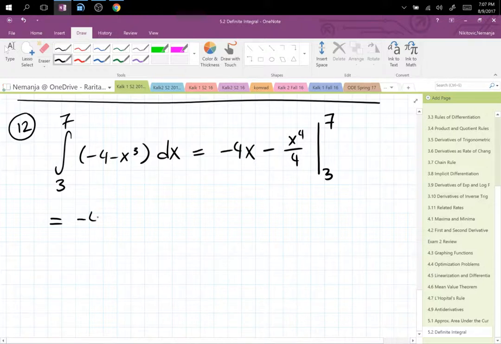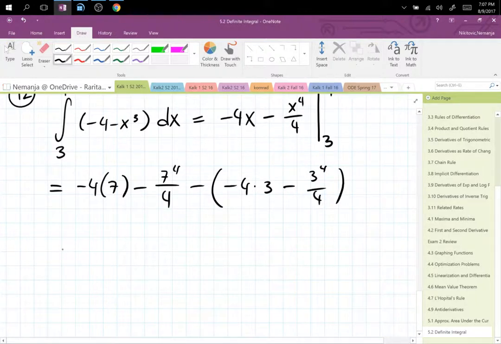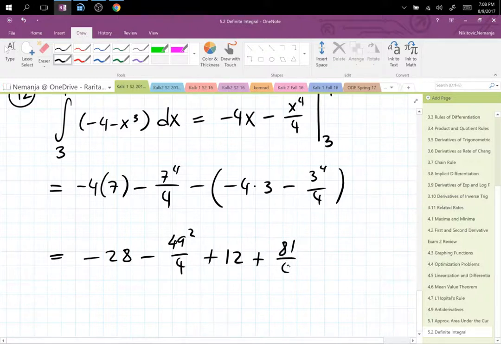So we have negative 4 times 7 minus 7 to the 4 over 4 minus, open parenthesis, negative 4 times 3 minus 3 to the 4 over 4, equals negative 28 minus 49 squared over 4, minus and minus gives us plus 12, plus 81 over 4.